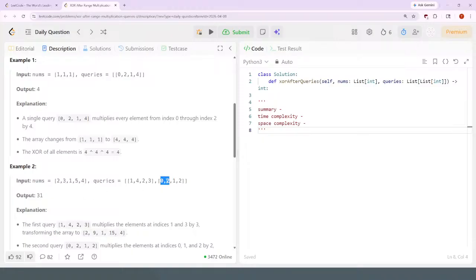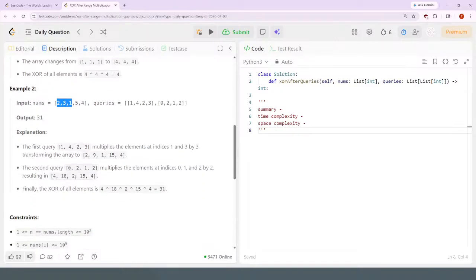And then going from 0 to 2, incrementing by 1, so every single one of those values multiplying by 2, so it's like 4, this is 9 times 2 is 18, so 4, 18, 2, 15, 4. Right, yeah, and then XOR those values.